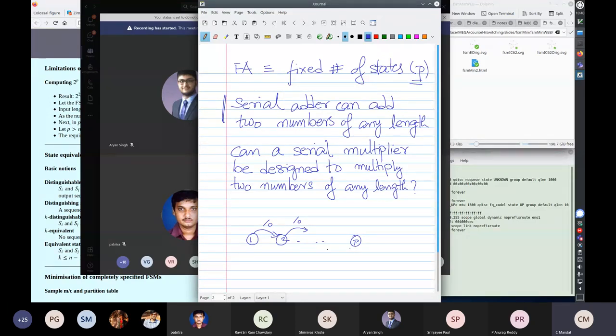And the moment you enter a cycle, you can't keep track of how many times you have looped. The point is that you just don't have enough states to remember how many zeros you have output. So you cannot.